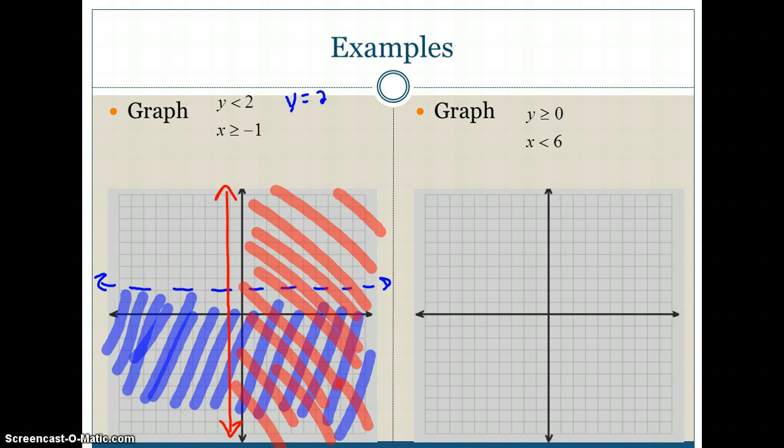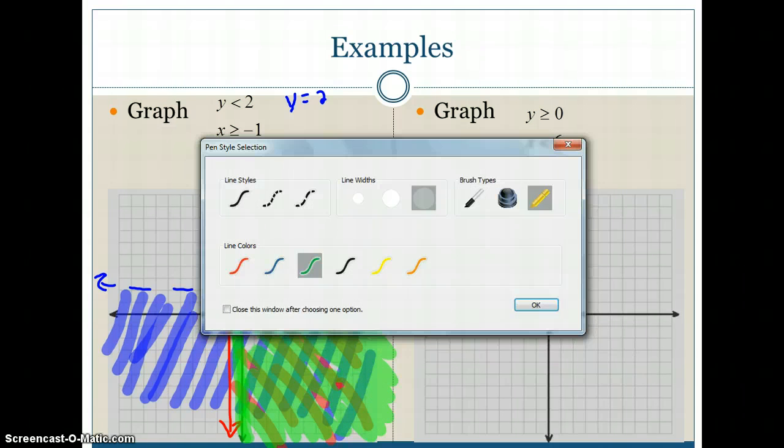Now the solution area is the area that is shaded by both colors. So that would be bounded by this right here. Okay, so our solution is again this lime green color. It's the area that overlaps that has the blue and the red.